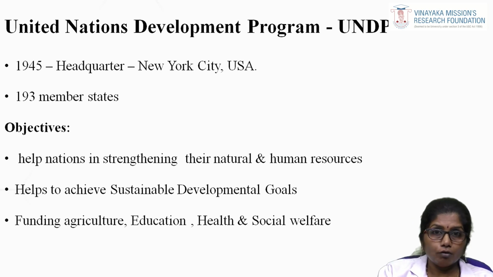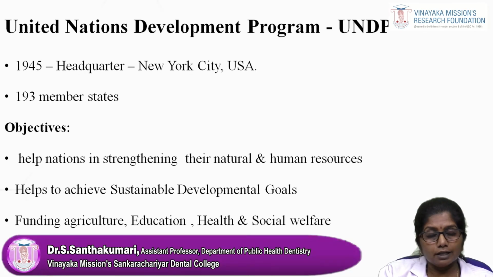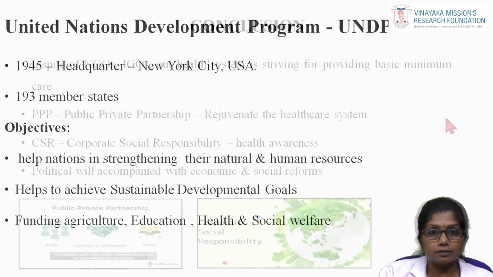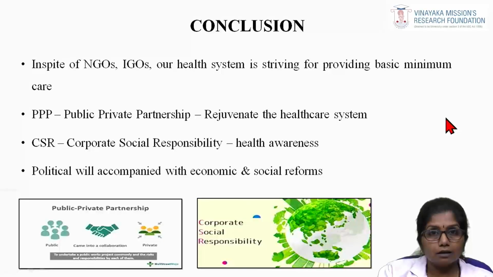The main objective of this organization is that it helps the nation in strengthening their natural and human resources. It also helps to achieve sustainable development goals, and it helps in funding the agriculture, education, health and social welfare sectors. So finally this slide brings me to the end of my discussion.